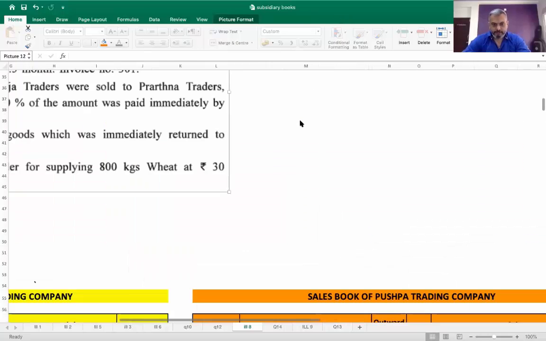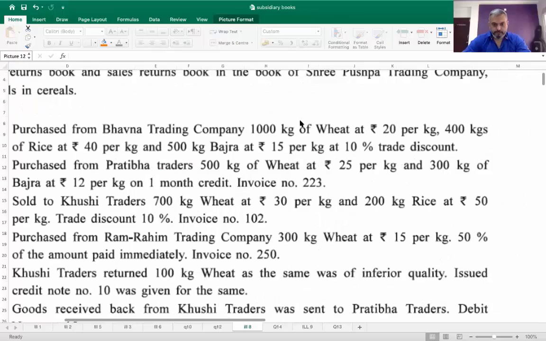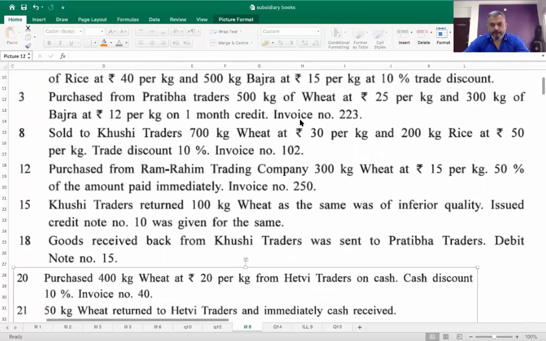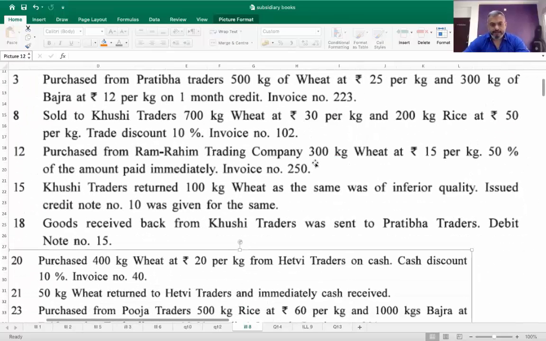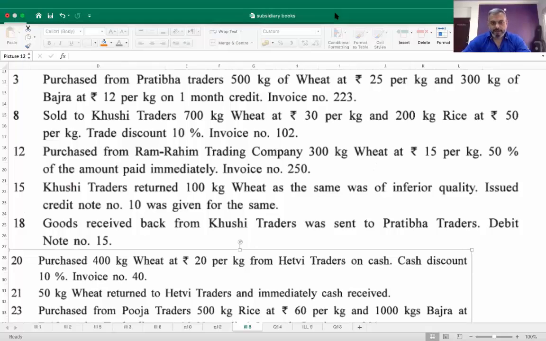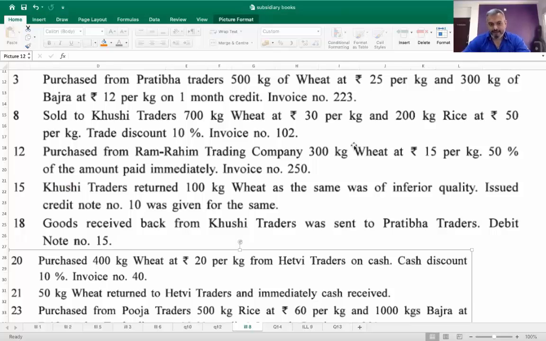Next, purchase from Ram Rahim Trading Company 300 kg wheat at 15 per kg, 50% of the amount paid immediately. Invoice number 250. So it's partial credit, so we consider it as a full credit transaction.